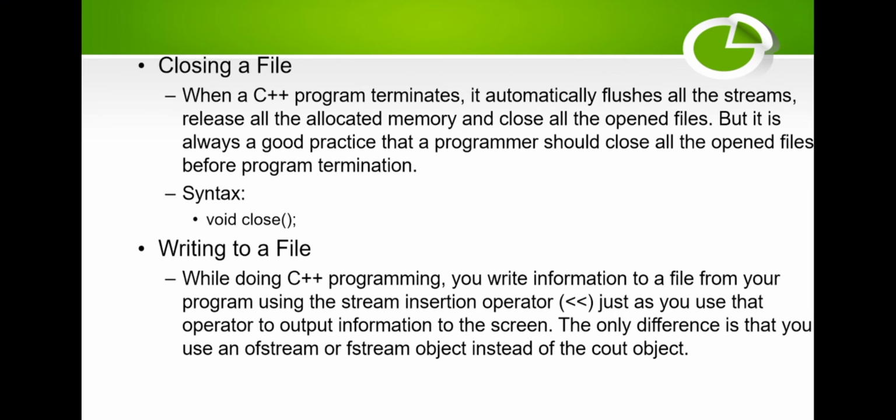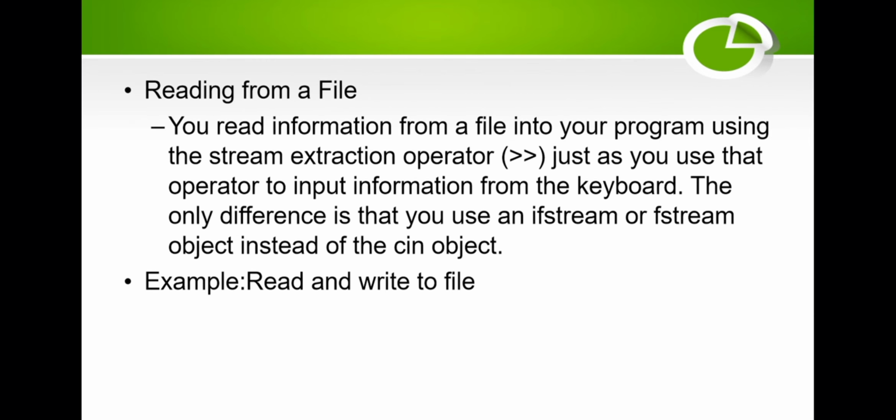Instead of cout, in the case of files we have to use the object of ofstream or fstream. With the help of that object we are able to write the content to the file.